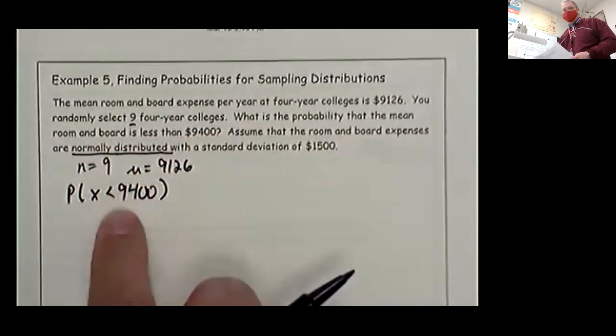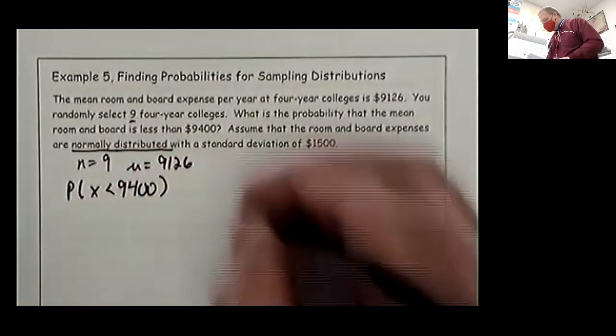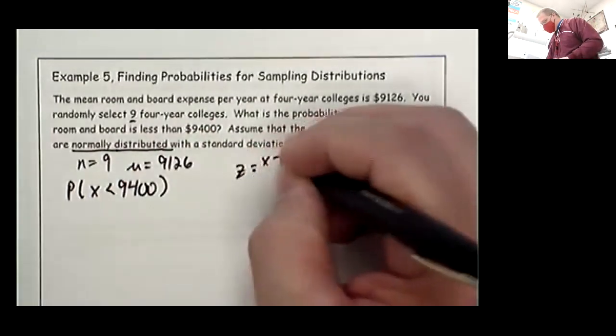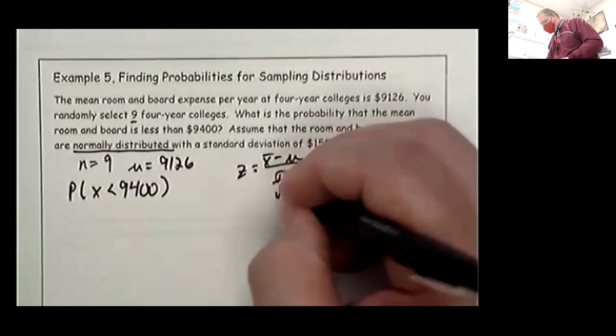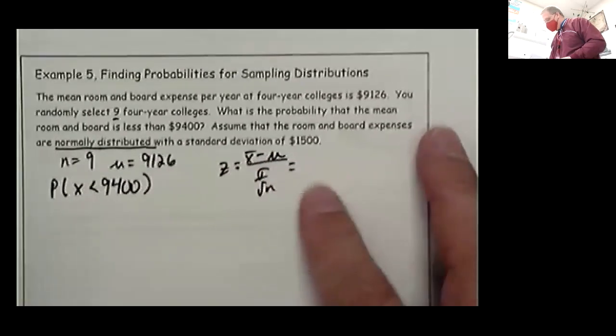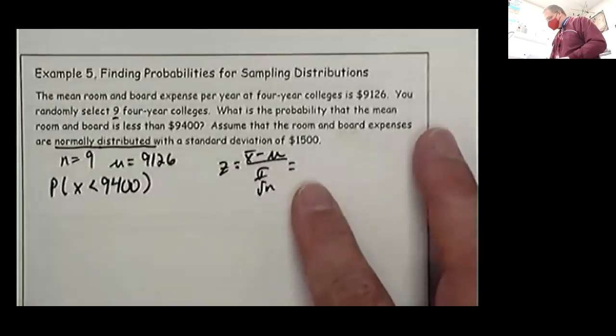It always helps to set up this probability statement because that will help you with your graph, knowing which way you need to go. So we need one z-score. And again, that's x minus mu over sigma divided by the square root of n. We're going to plug in our sample average.